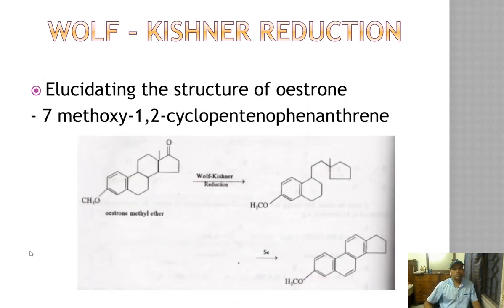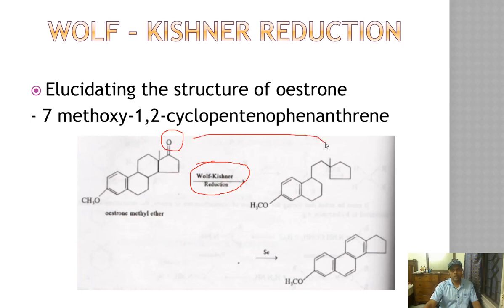All right, next it is used in elucidating the structure of estrone. Again, same thing. You are trying to prove that the compound is estrone here by using Wolff-Kishner reaction. When you use the Wolff-Kishner reaction in this, and the same compound is formed, see, ketone is removed here.